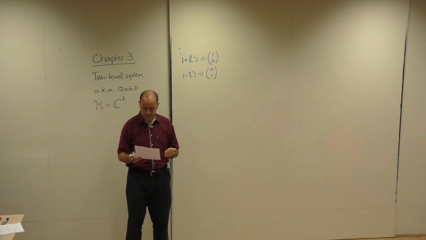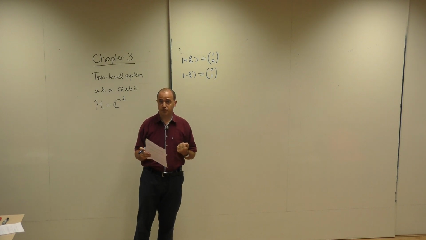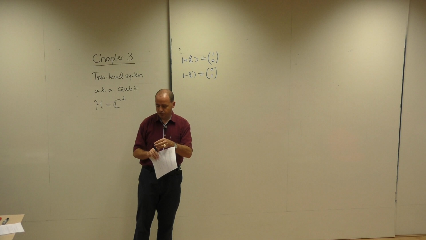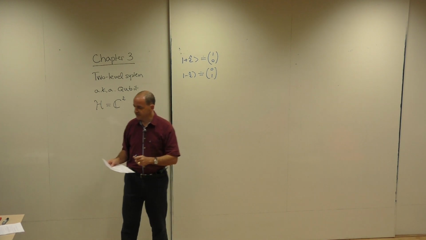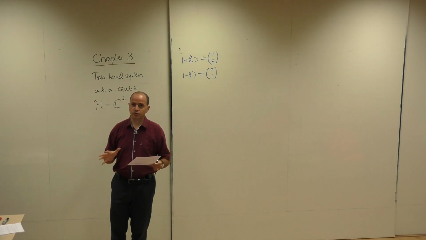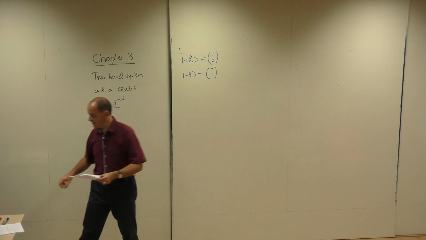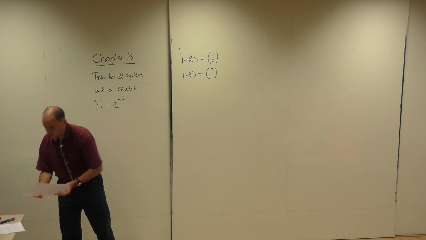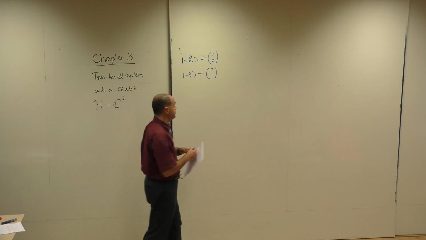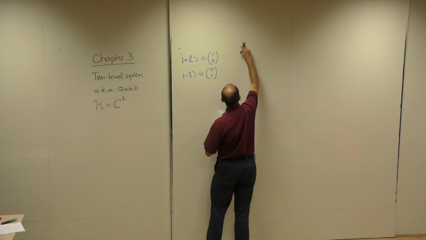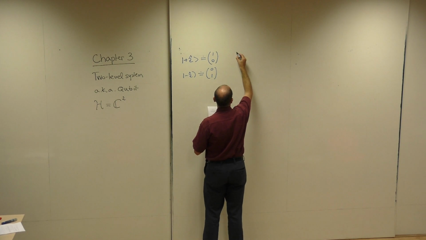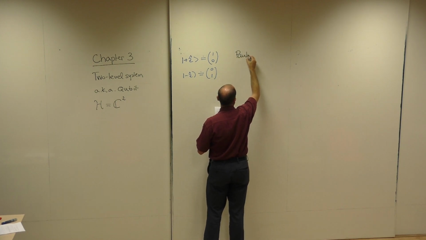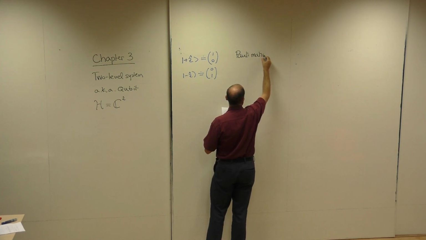Now, the first object I have to introduce that you have not seen before is a series of matrices. So we are going to move quite quickly to the operators and come back to the states later. So the matrices I want to introduce are the so-called Pauli matrices.